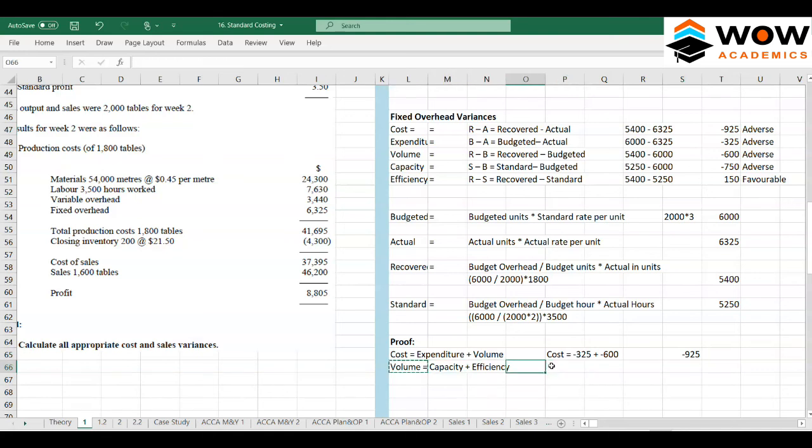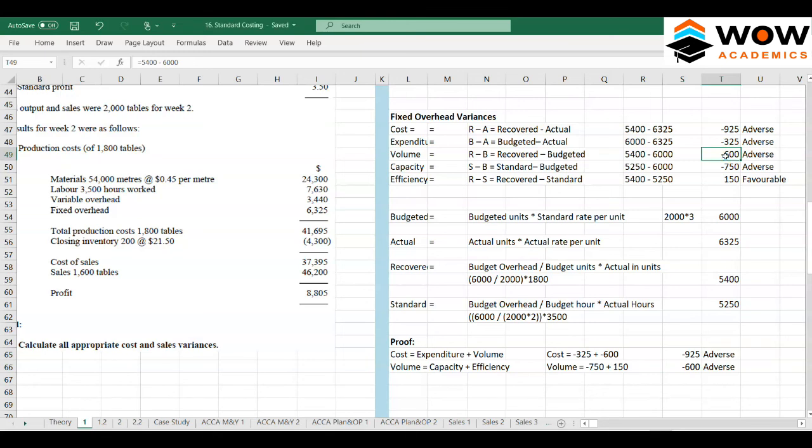Volume variance is equal to capacity plus efficiency. Capacity is minus 750 plus efficiency is 150. So our answer should be minus 600. Okay, so both are minus 925 and minus 600. So volume is minus 600. Are we correct? Yes.